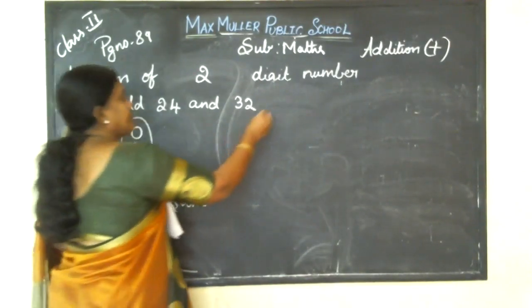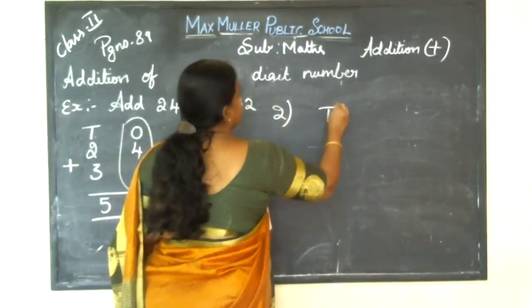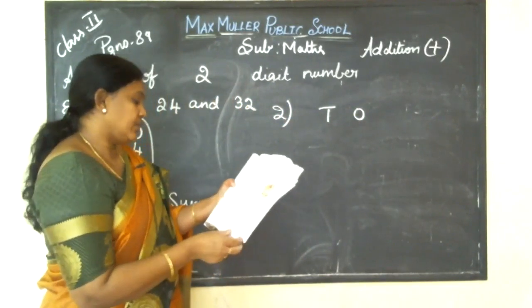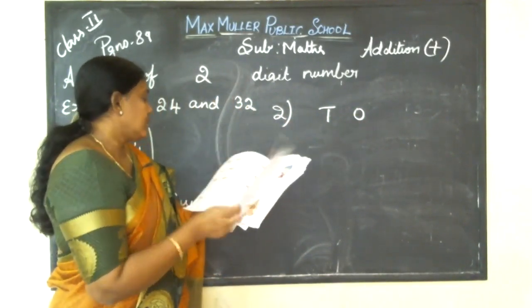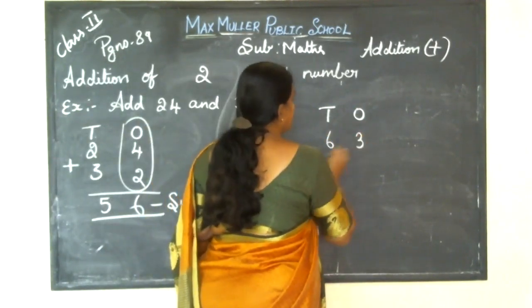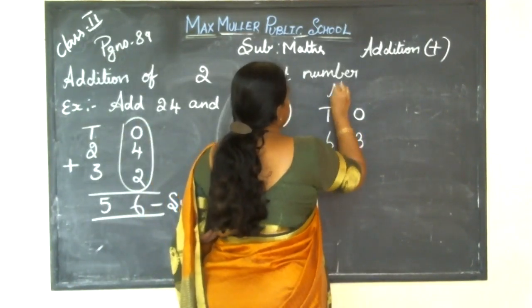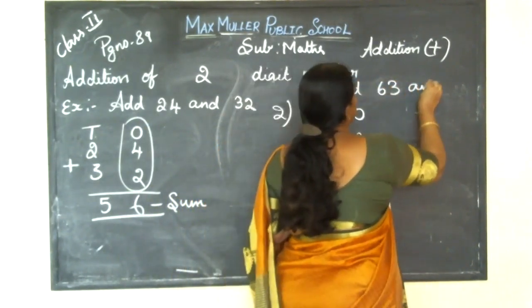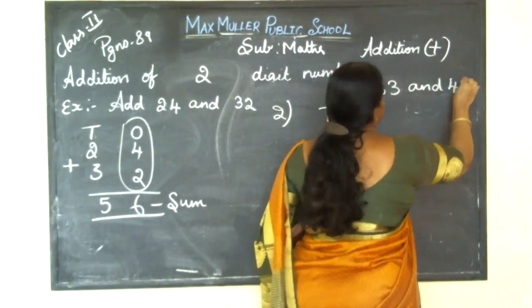Another example, number 2. The examples you want to do in the rough note. I am saying once again, you want to do in the rough note. Add 63 and 42. They have given like this.